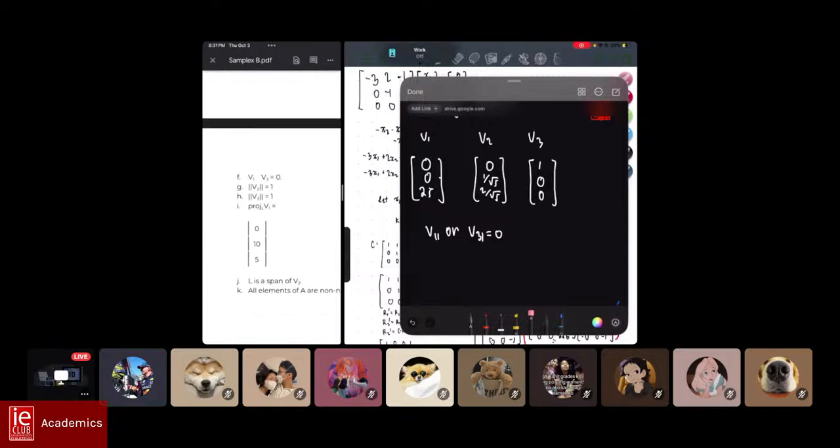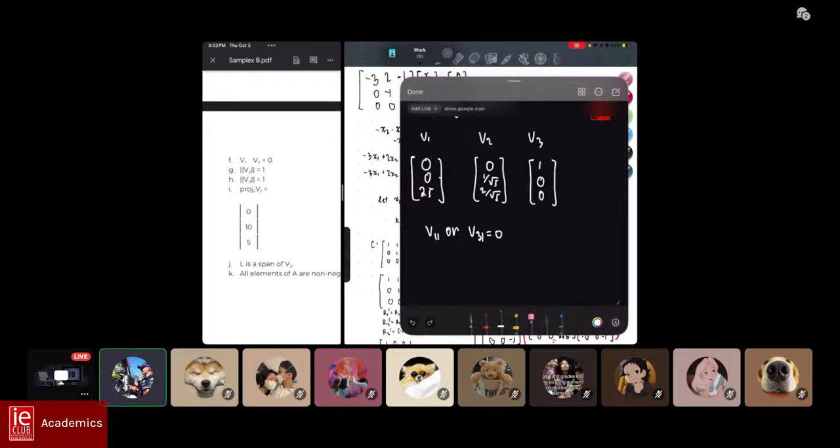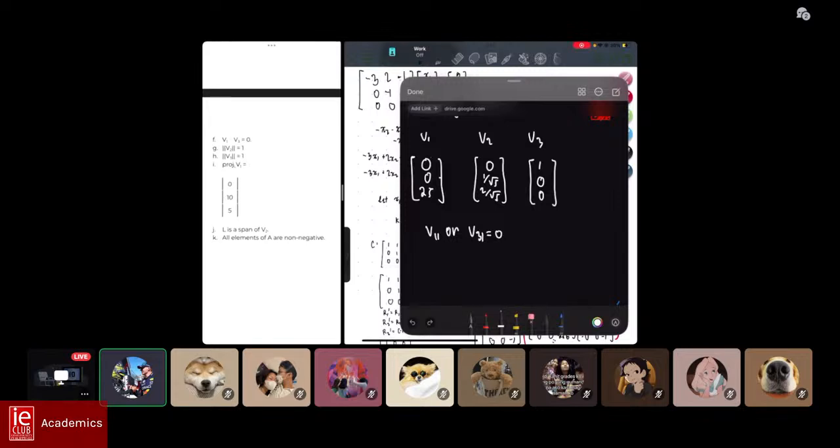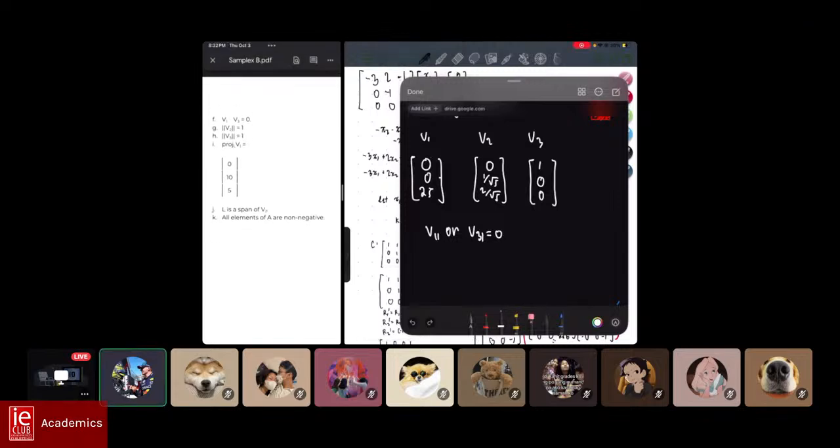V1 dot V3 is 0, so 0 times 1, 0 times 0, 0 times 0, 25 times 0. Yep, correct. And this one is the one we just solved recently, so it's a bit long. We already verified that it's correct. And then last, all elements of K are non-negative, which is true.